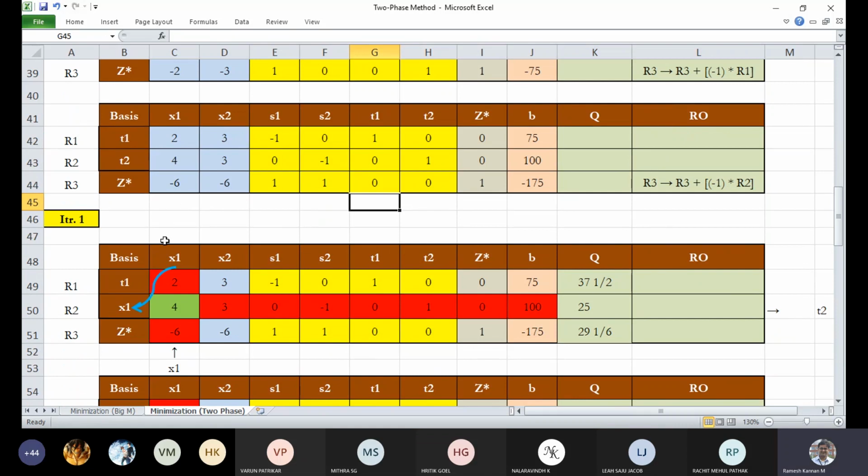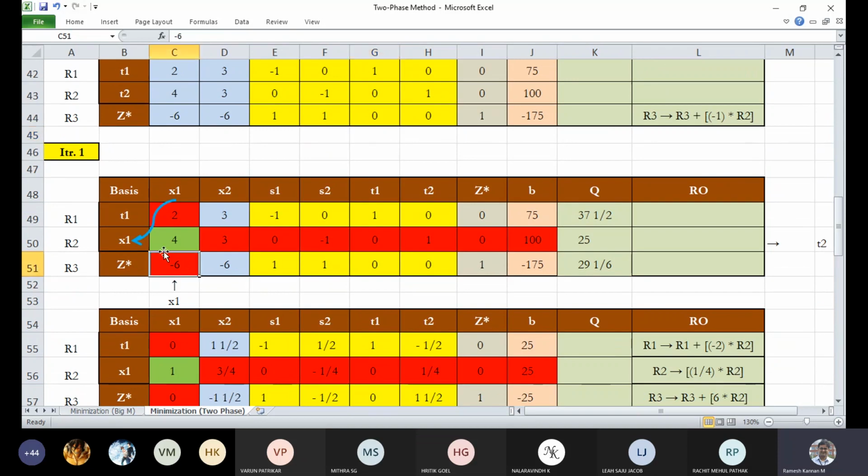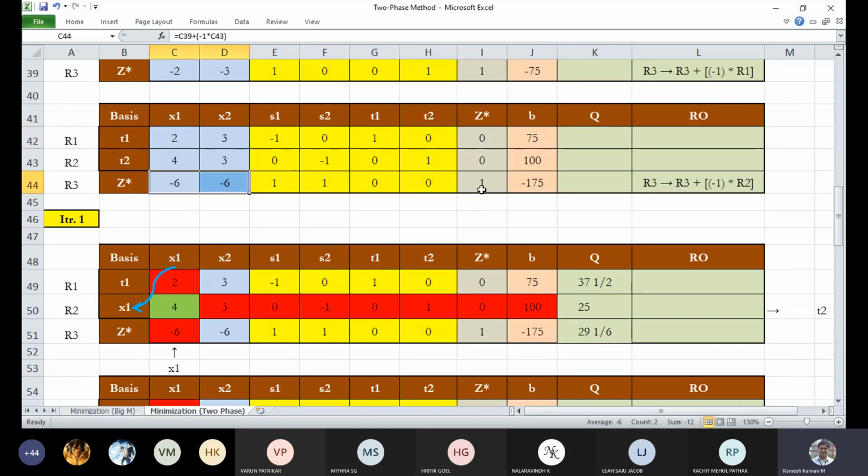Remember, in a maximization or minimization case, we will be taking the most negative value. So this becomes a negative value, and this also becomes a negative value. In this case there's a tie between the maximum negative values in the indicator cell. You can arbitrarily choose any one; it will automatically adjust.